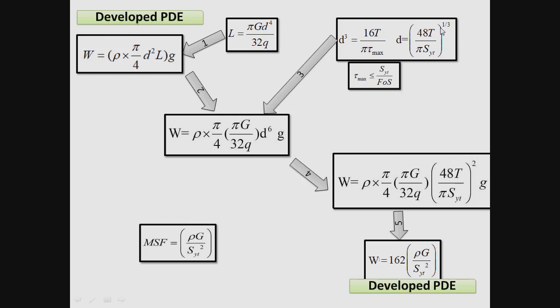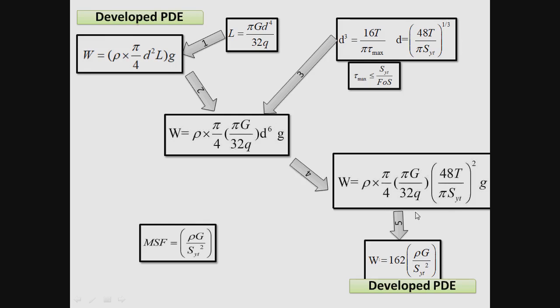So the value of d is substituted here, d raised to 6, and this is 1 by 3, so it will become square 48 into T divided by pi into S by T square. The remaining parameters will be as they are and G as it is. Just substitute the value of d in this equation. So we will get this equation.